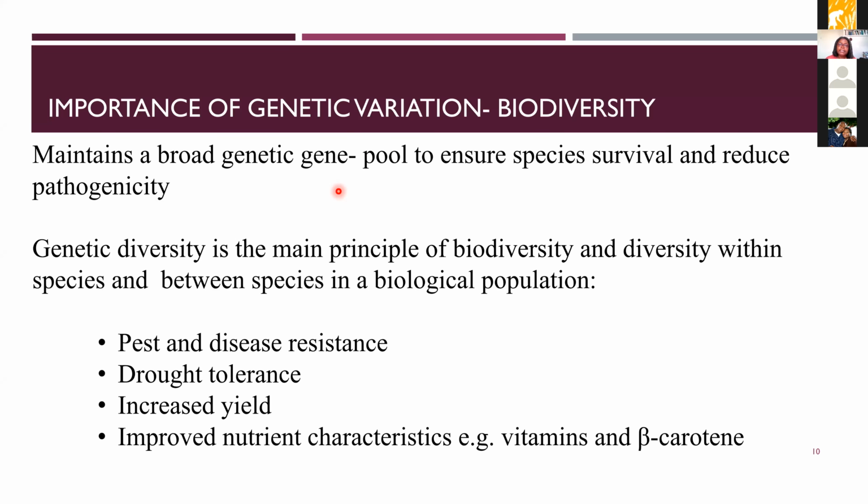This gene pool is basically the bedrock of our biodiversity, and it allows us to have genes that will look at things like pest and disease resistance. The topic of today's talk, drought tolerance. We will be able to look at genes that will help us increase yield and also improve our nutrient characteristics. So there's a lot of opportunity when you look at the genome and the biodiversity that we have in the region.